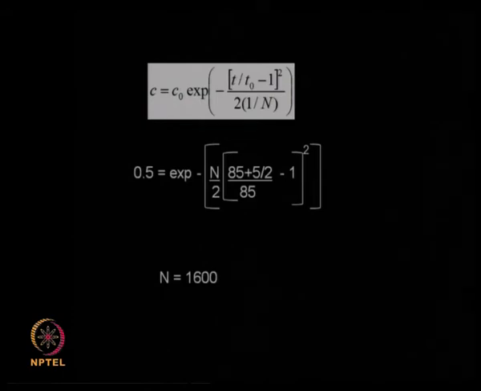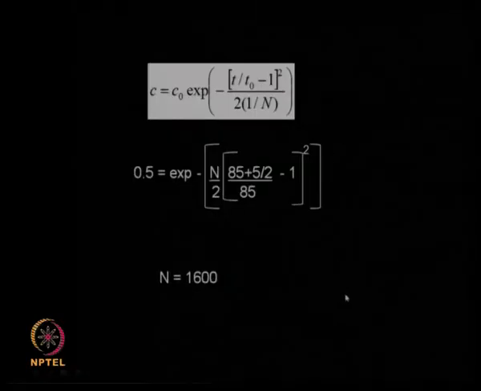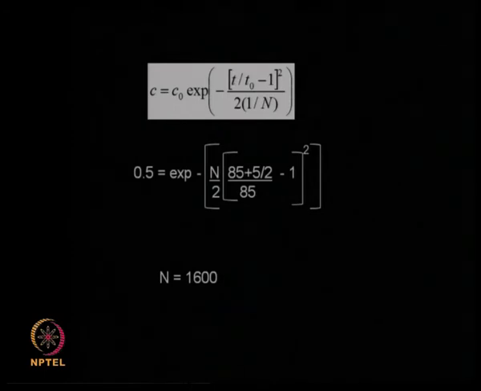If you know the width at half maximum, we can calculate the number of theoretical stages using this particular relationship, or if you know the standard deviation, we know that sigma T0 is equal to standard deviation. So from there we can calculate sigma, and as you know sigma square is equal to 1 by n, so we can get the value of n. So both ways we can calculate the number of theoretical stages or number of theoretical plates.